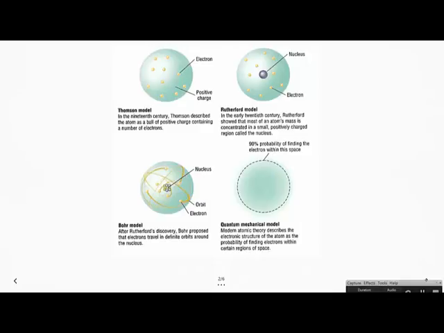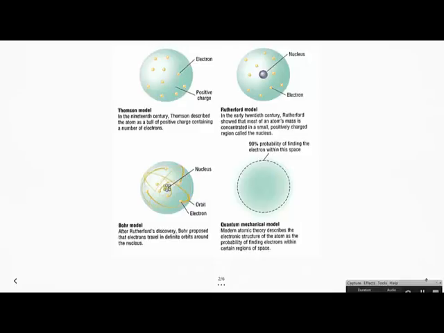Then we came to Bohr's model, where he said, no, I'm not quite sure that really works. I think the electrons travel in definitive orbits. And then we have come to the quantum mechanical model, where we say that there is a nucleus, so that's agreed upon, but in the quantum mechanical model, the electronic structure is more about probability, where you're more likely to find something than where it actually is.